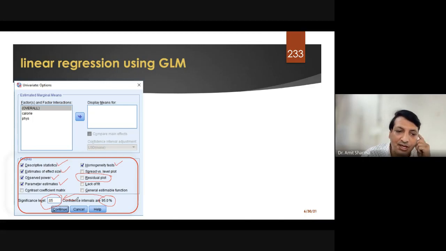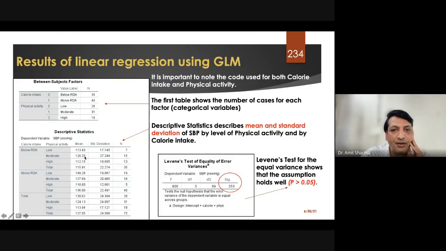For example, if you're taking 96, then here you can change it according to your study, whatever significance level you want to keep. So once you choose the options which will be displayed on the output sheet, you can click continue, and you're going to get the results of the linear regression through GLM.